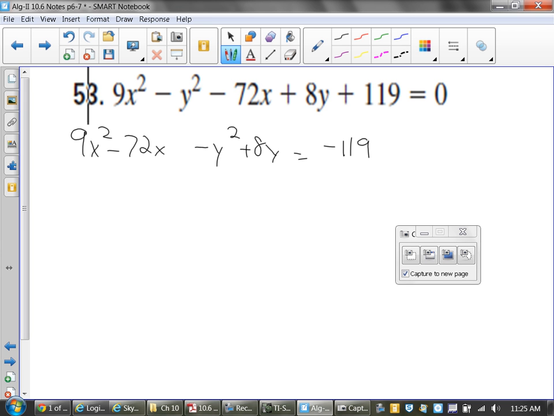Now, in order for me to be able to complete the square, I need to first get rid of that a value, that 9. So I'm going to factor out the 9. Factor out the negative 1. Now, I factored out a 9 and I factored out a negative 1. What do I have to put on the other side? You got to put them back in.